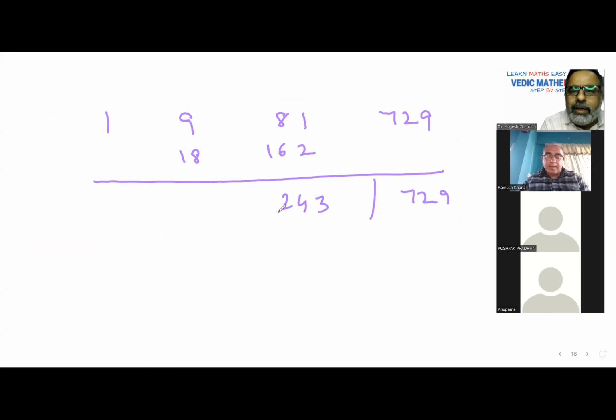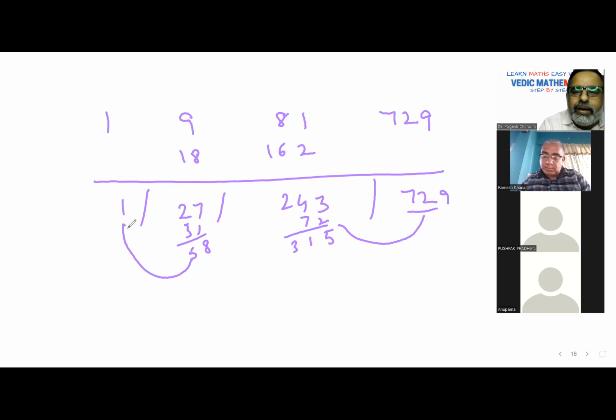Am I wrong? No, 243. Sorry. Right. 72 will go here. So that makes 5, 75. 31 goes here. 58. So 5 will go here. So 6, 8, 5, 9. Okay. Thanks.